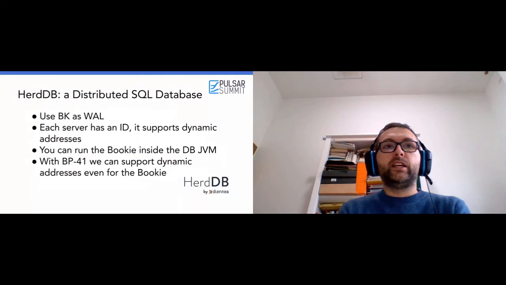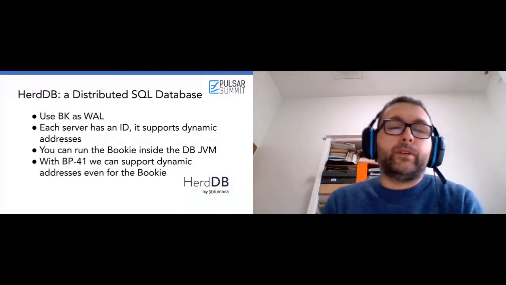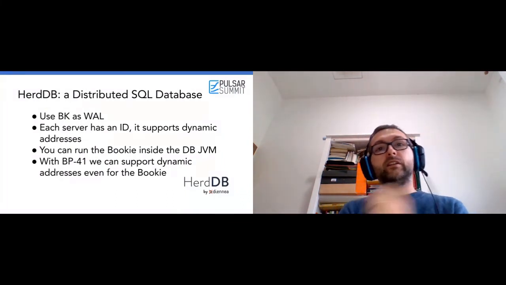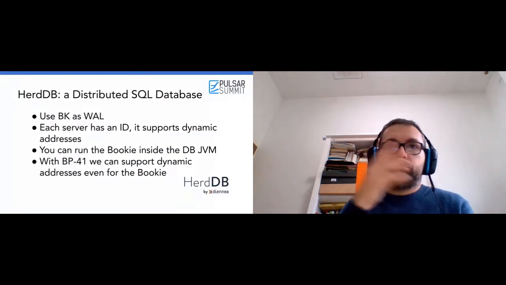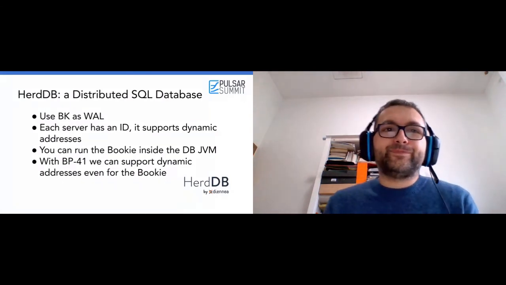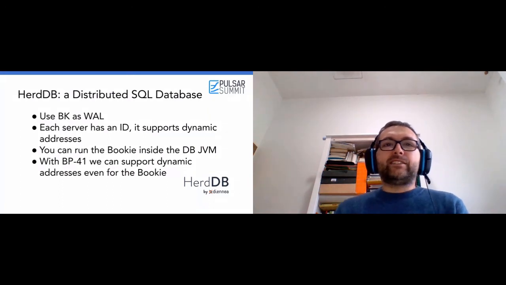Because basically when the server starts, it announces to the discovery service that is implemented with Apache BookKeeper that the current network address of the node is the current address. And so clients can follow network address changes for the nodes.